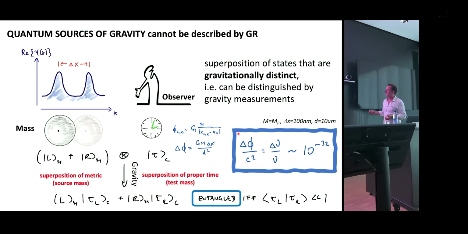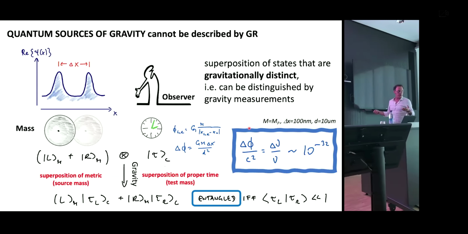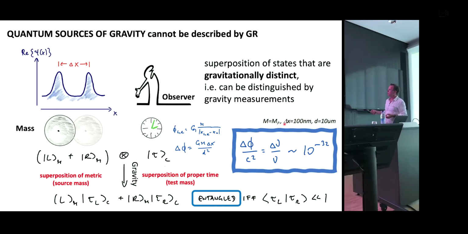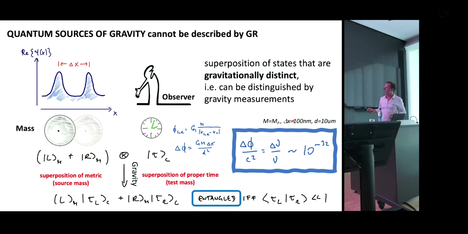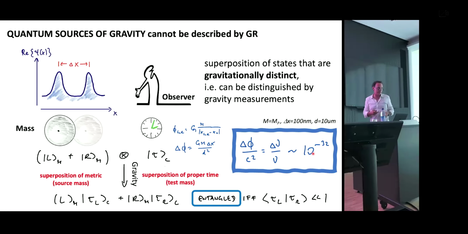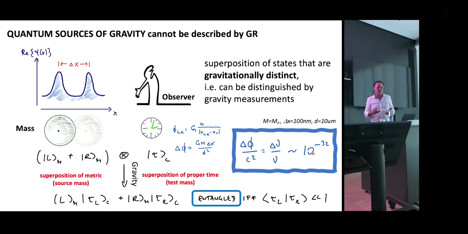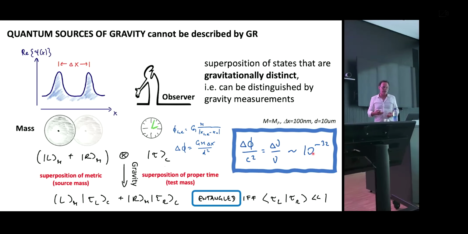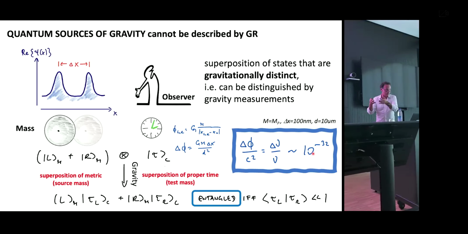If I take, for example, my mass being on the order of the Planck mass, a superposition size on the order of 100 nanometers, at a distance of 10 micrometers of the two masses, I would need a clock stability, a precision of my clock, on the order of 10 to the minus 32, which is still a few orders of magnitude away from what we have today. So we rather stick for now to the spatial instead of the clock degree of freedom.